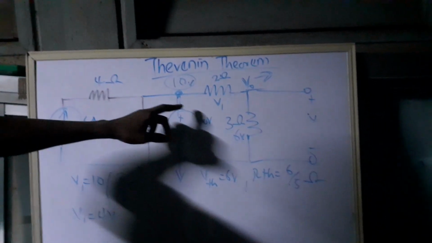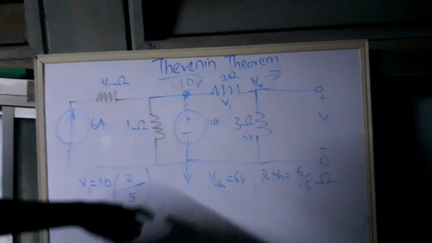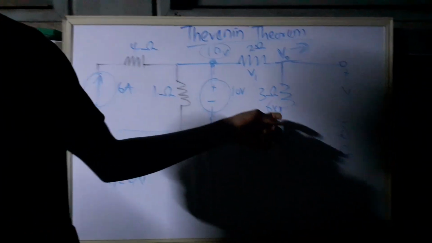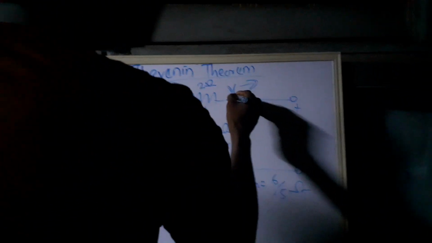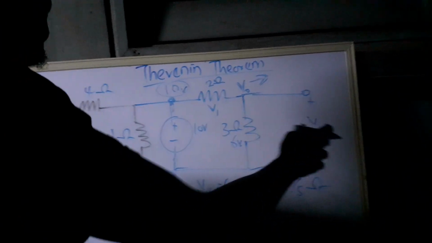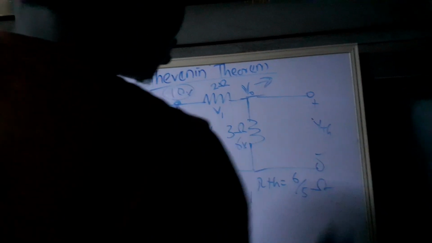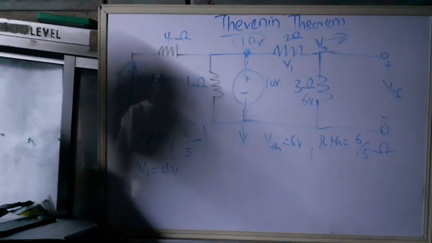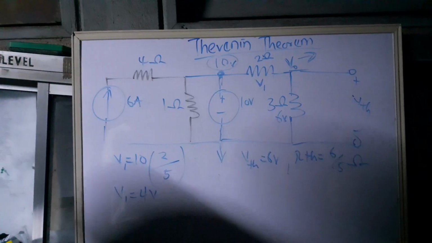The voltage across this we got to be 4 volts, and they have to add up to 10, so this one is 6 volts. If this place is 6 volts, these two are in parallel, so whatever you have here will be the same thing you have here. So our VTH is 6 volts straight up. You don't need to find it out, because they've given us the voltage here to make it easy.